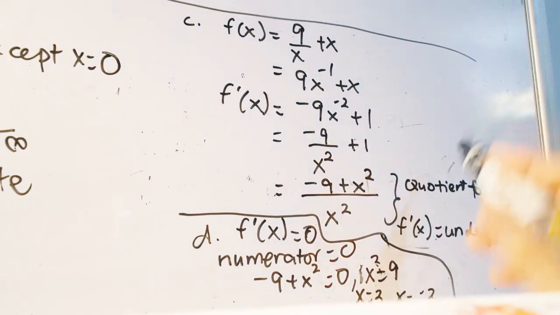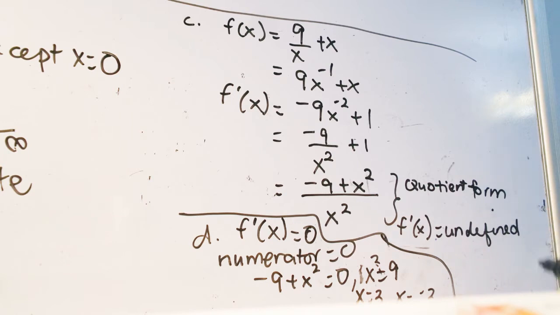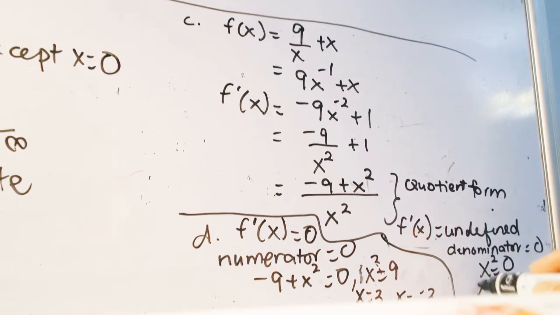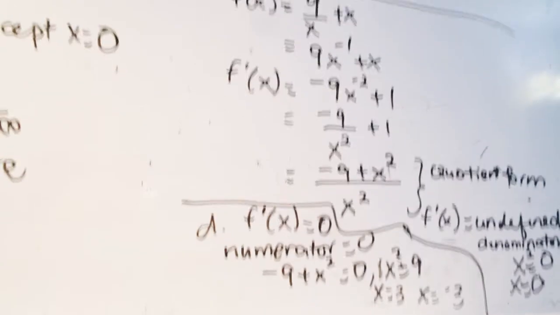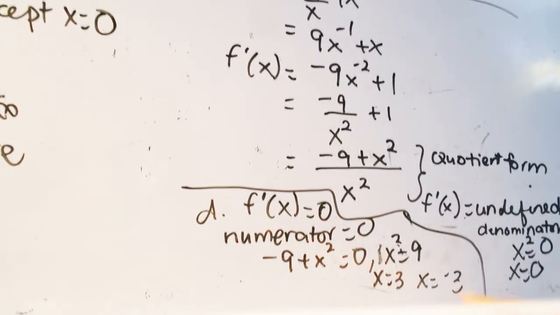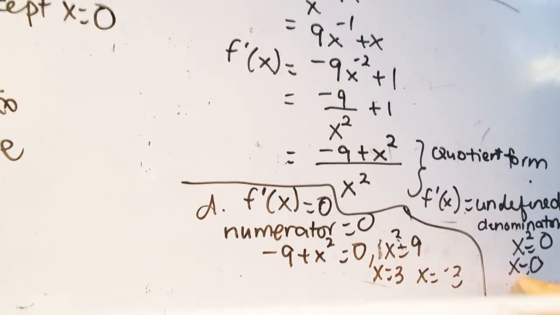And then for undefined, we set the denominator equal to 0: x squared equals 0, x equals 0. So how many values do we have here? We have x equals 3, x equals minus 3, and x equals 0.